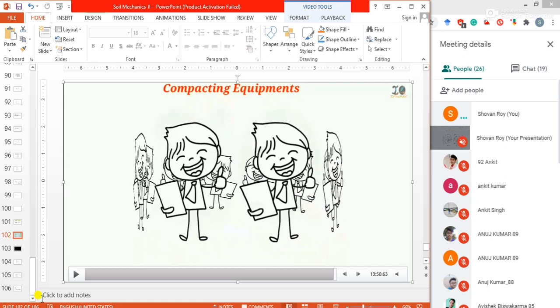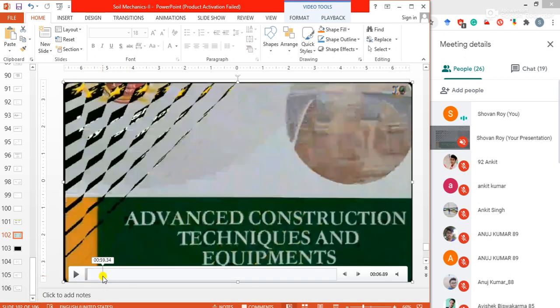Suppose the types of compaction, the types of equipment for compaction, and the basic types of rollers. Rammer is there, vibrator is there. In the rolling section, smooth wheel roller is important, pneumatic tire rollers important, sheep foot rollers important. So these are the basic types. Now if we talk about the advantages, I will give you this video.